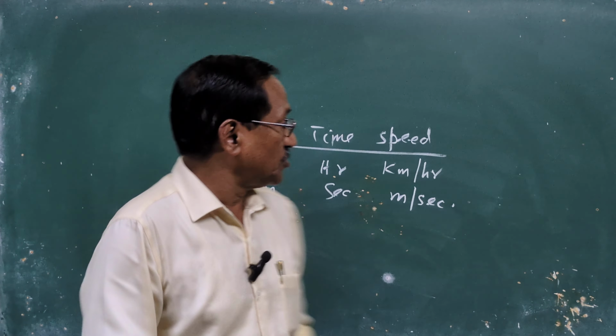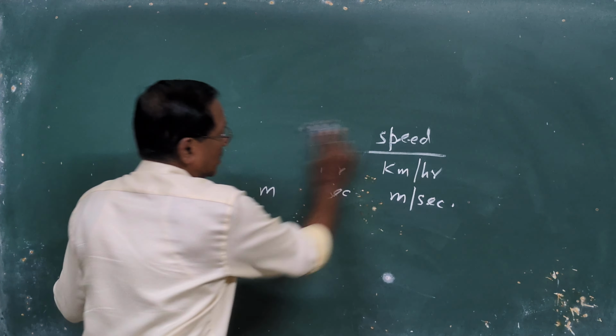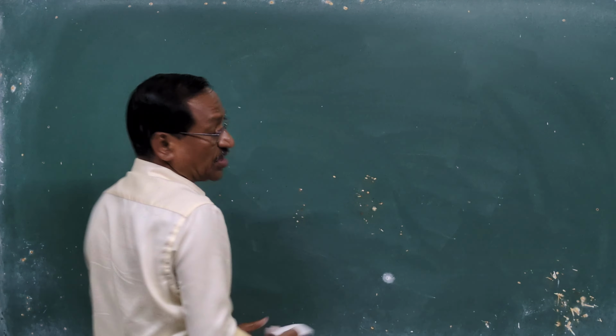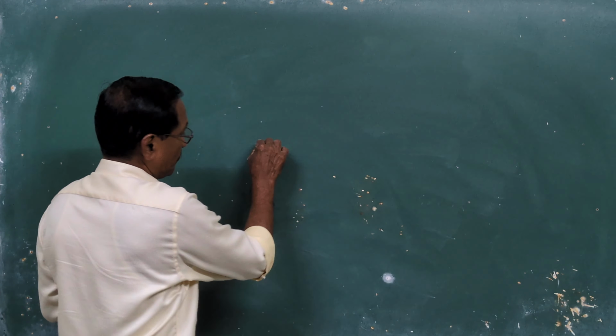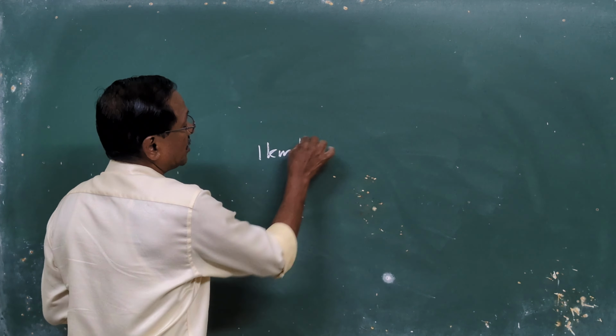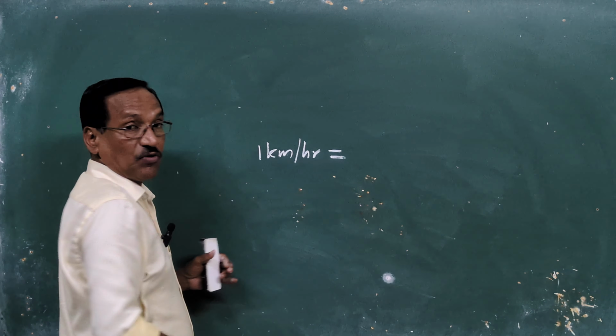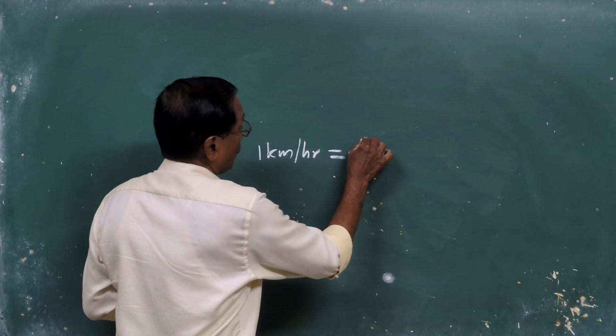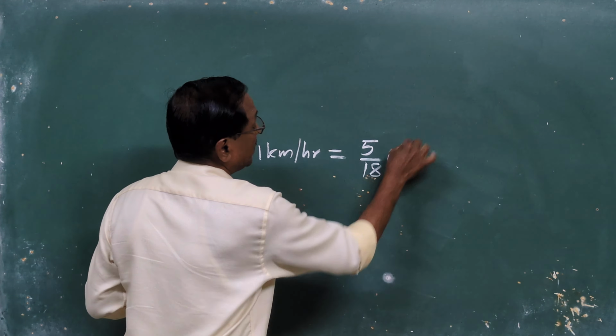To convert the units we have to remember one conversion rule, that is 1 kilometer per hour is equal to 5 by 18 meter per second.